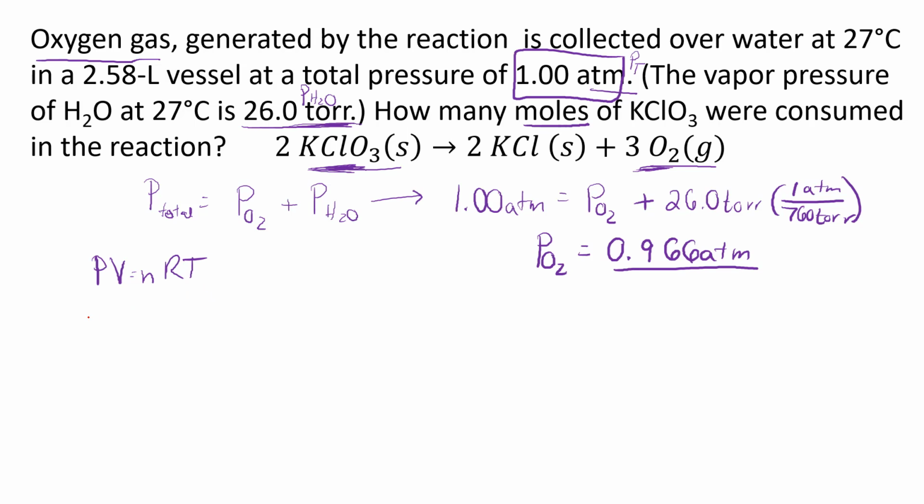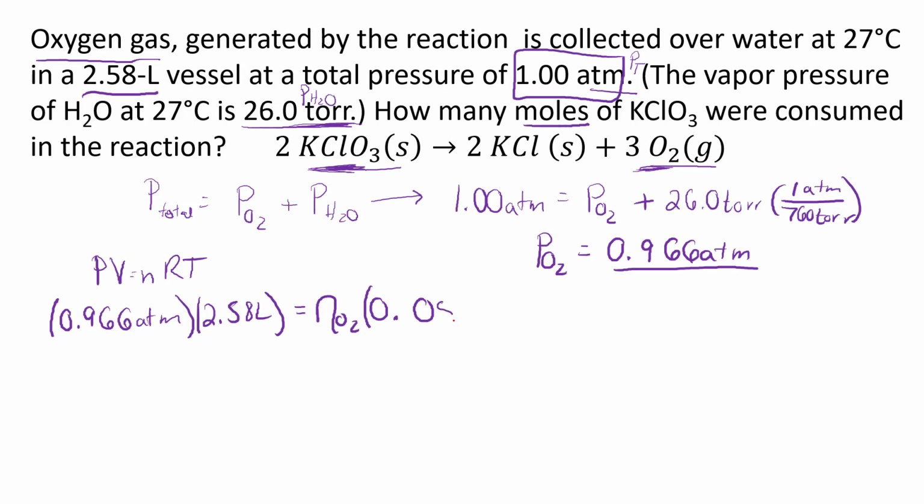But do we have enough information? Let's see. Pressure is 0.966 atmospheres. Volume is 2.58 liters. Equals moles, which is what I'm trying to find, times my gas constant, 0.08206, and that's liters times atmospheres per mole K, times my temperature, which is 27 degrees Celsius, but you can't leave that in Celsius, you know that.